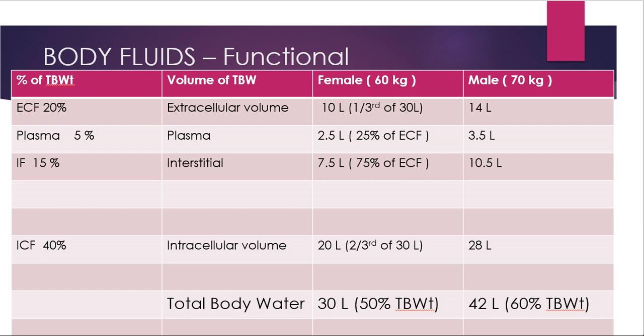Similarly, in females, 60 kg weight, 30 liters would be the total body water. Out of this 30 liters, the ICF will be 20 liters, that is 2/3 of 30 liters. And from where did we get the figure of 30 liters? It is 50% of body weight in females.